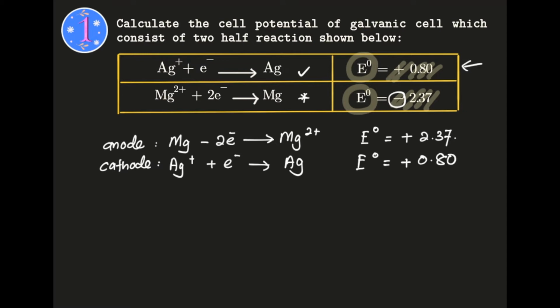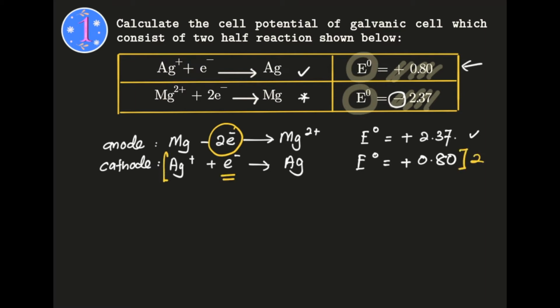So the next thing that you need to do is you need to remember that the amount of electron that plays a role in this reaction should be equal. So since in your anode here you have 2 electrons, it means that here you need to have 2 electrons as well.